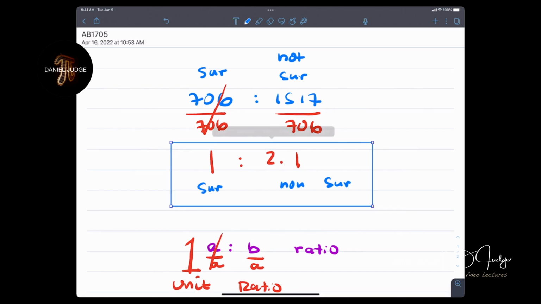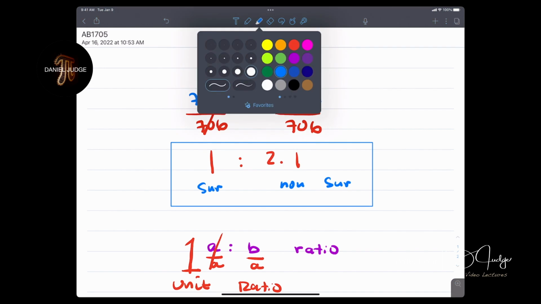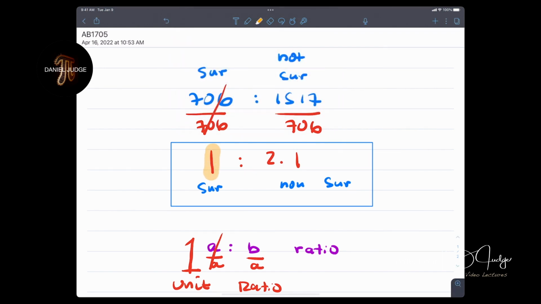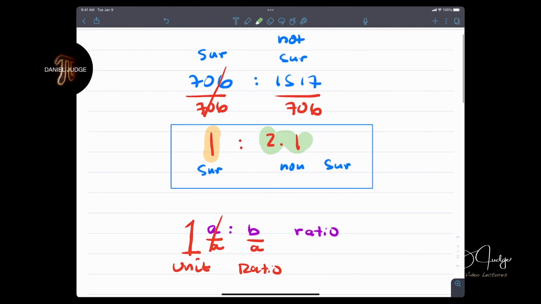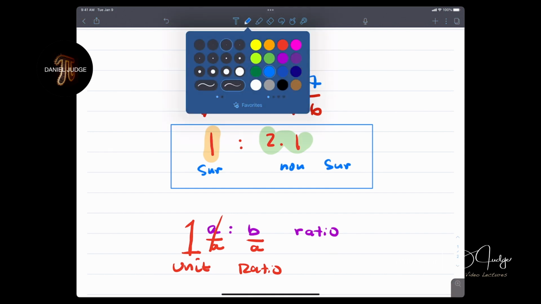But what this does is it gives you an idea that for every 1 survivor on the Titanic, 2.1 people did not survive, and that's an important thing to know. Okay, for every 1 survivor, there was 2.1 non-survivors. Those are people that perished. That's an important detail. This is called a unit ratio, ladies and gentlemen.